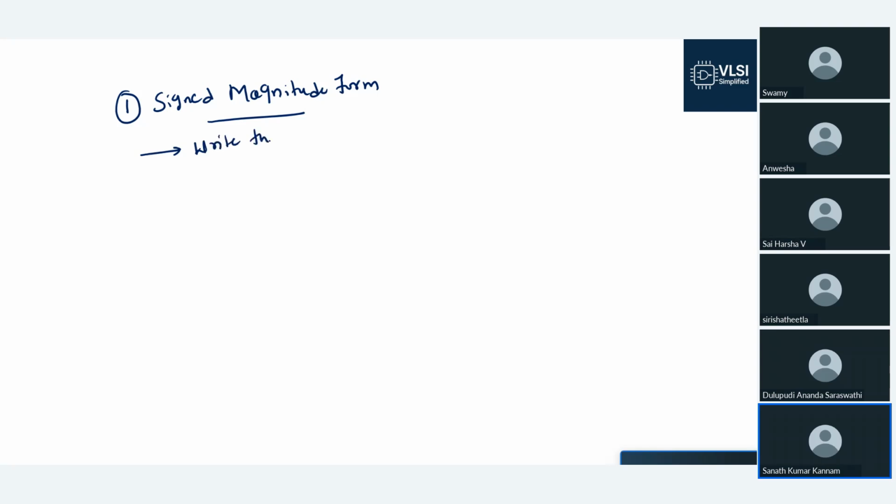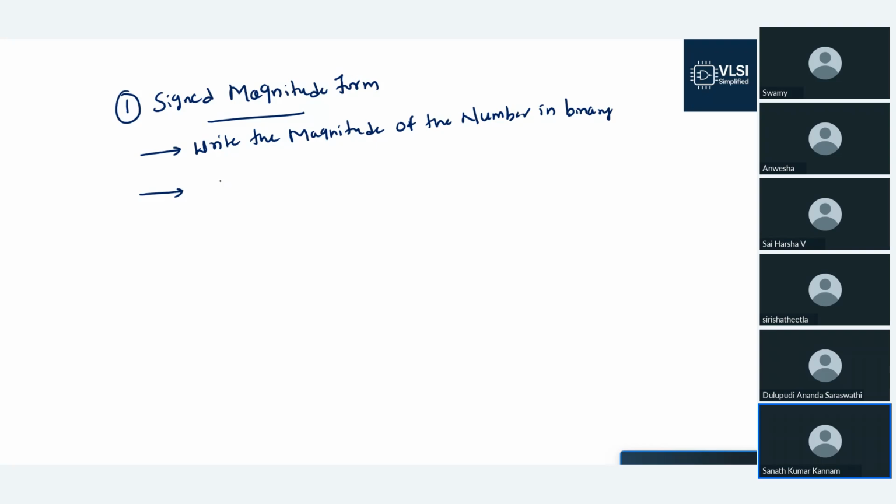Magnitude of the number means what? You know that magnitude means the value of a number, no? So write the magnitude of the number in binary. First you need to write the value of the number in binary.